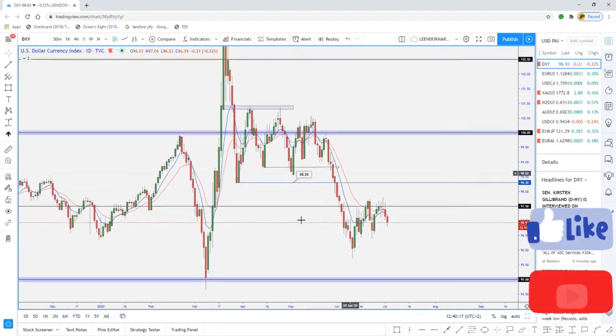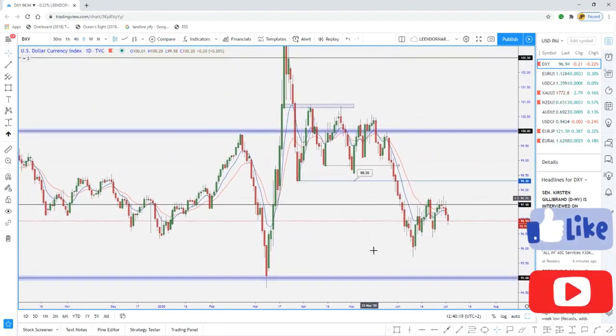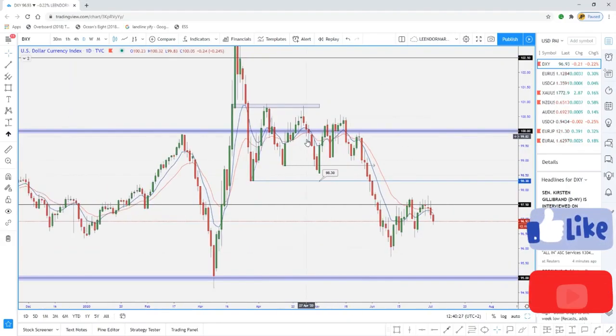So the reason why I'm recording this video is to help you understand that whenever you're trading, there are tools that can help you predict where the market is going. This is the US dollar currency index, which we use to measure the strength of the dollar.